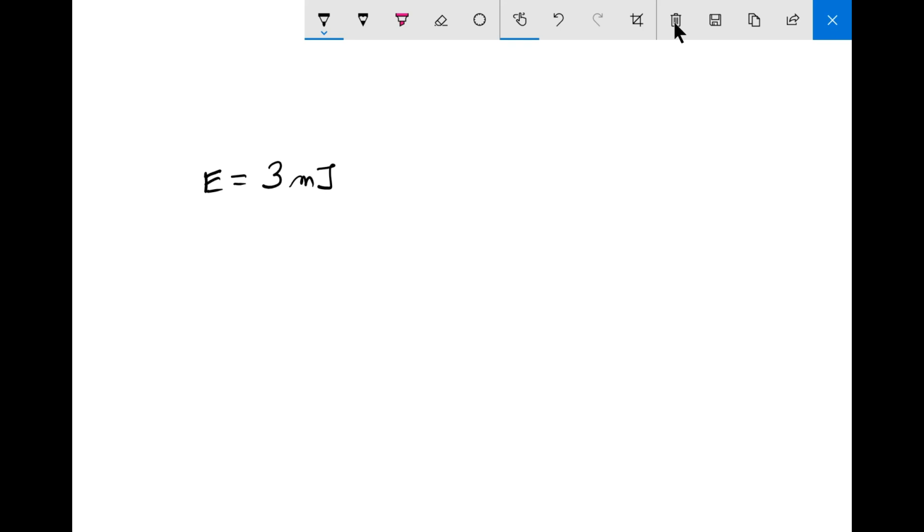Then if you turn on and off the transistor at a given frequency, then the power dissipated will be this E times the frequency. Now, suppose we'd like to run the device at 100 kilohertz. This is a reasonable frequency we'd like to have today. Then in this case, it'll be 3 times 10 to the minus 3, times 10 to the 5th.